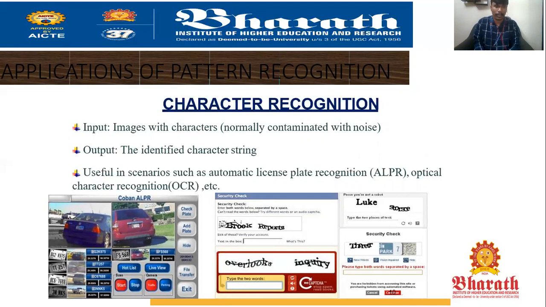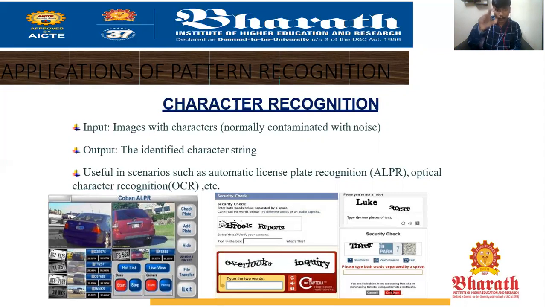matching model, and it will be useful for ALPR, automatic license plate recognition, and optical character recognition, OCR. Why? Because if you can't recognize a user with their vehicle, you can't load the details of the user.